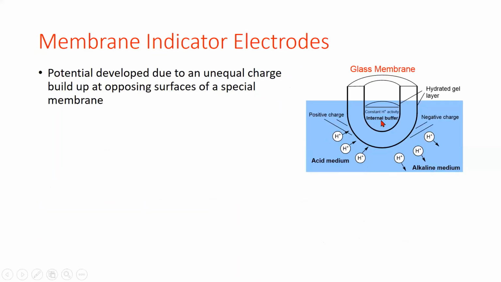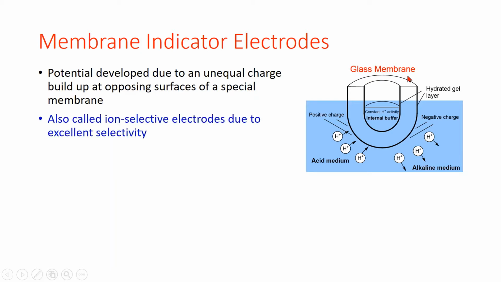Membrane indicator electrode. This diagram shows a cross-section of a glass membrane. Potential is developed due to an unequal charge buildup at these two surfaces of the glass membrane.